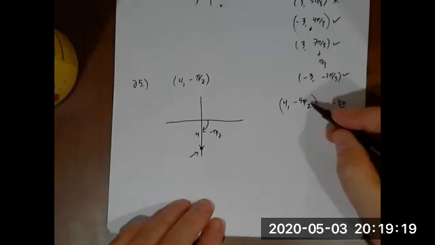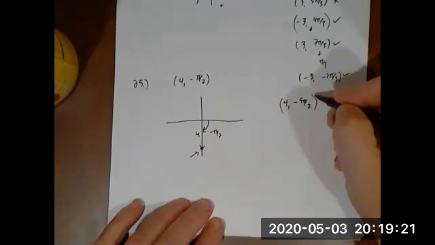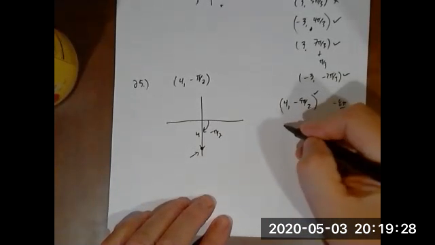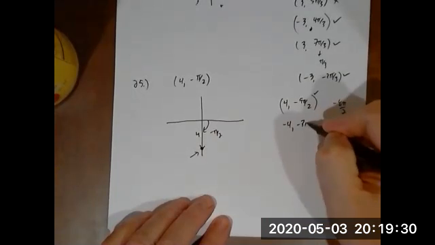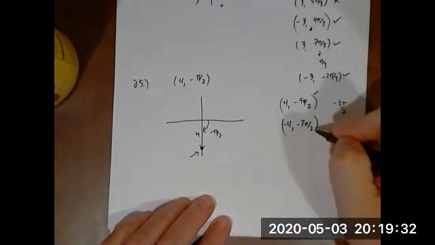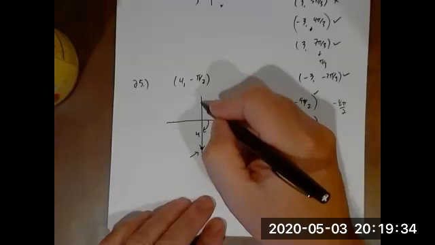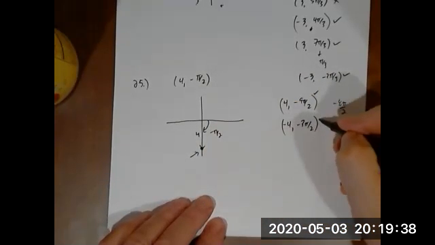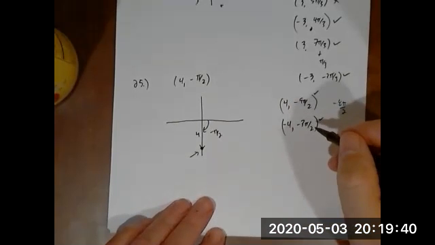So it's really negative pi over 2 and 4. That definitely is the same. Negative 4, negative 3 pi over 2. Negative 3 pi over 2 is a positive y-axis, but negative 4 flips it down here. So that's the same point.